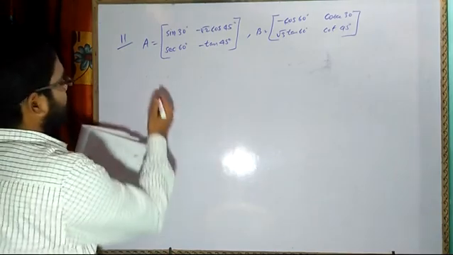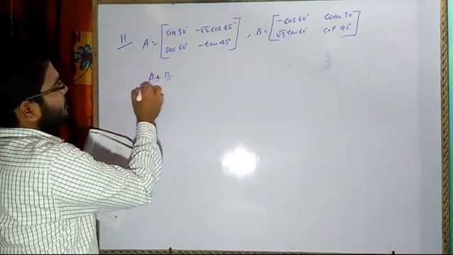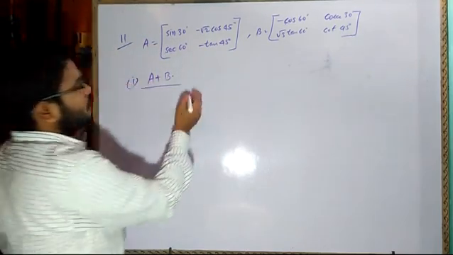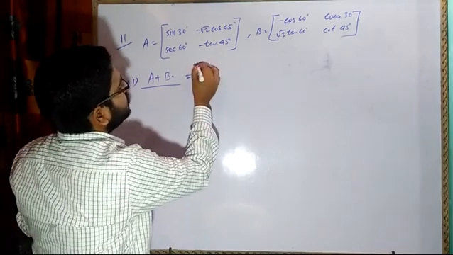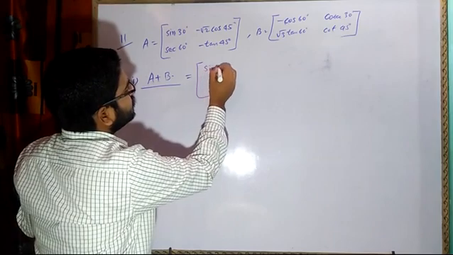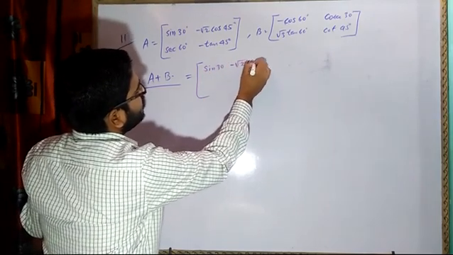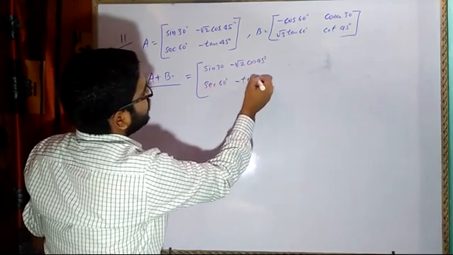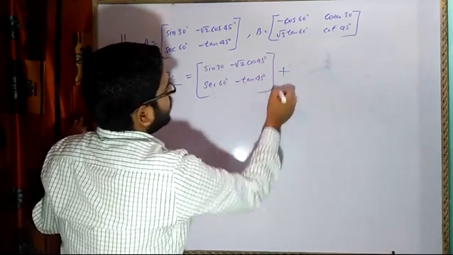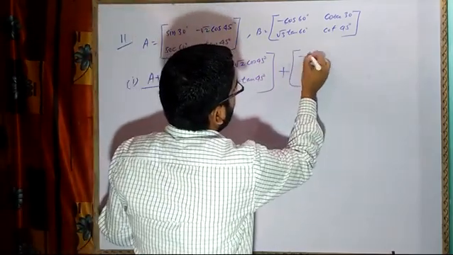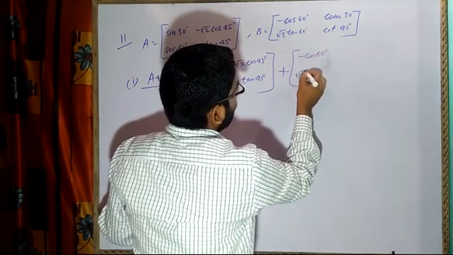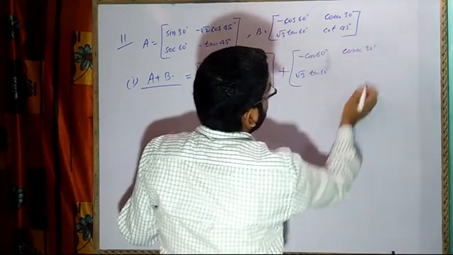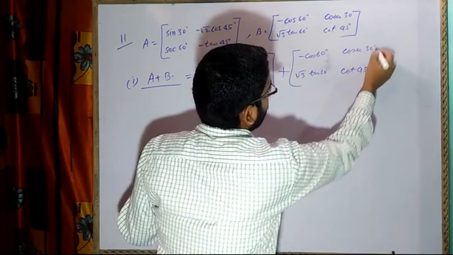So here we have to find A plus B. First one only I am taking, A plus B. Now matrix A plus B can be written as A plus B is equal to sine 30, minus root 2 cos 45, then we have sec 60, minus tan 45 degree, plus minus cos 60 degree, root 3 tan 60, cosec 30 degree, and then we have cot 45.